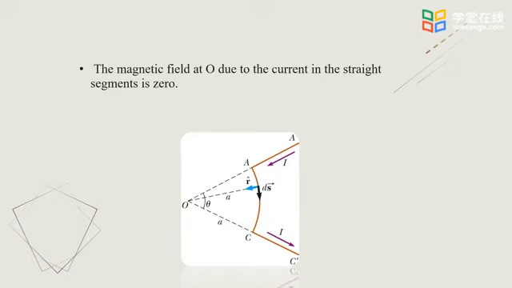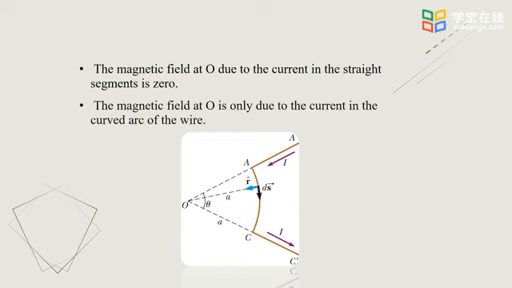Obviously, the magnetic field at O due to the current in the straight segments is zero because the length element ds is parallel to r-hat, causing the cross product to be zero for these paths. Therefore, the magnetic field at O is only due to the current in the curved arc of the wire.